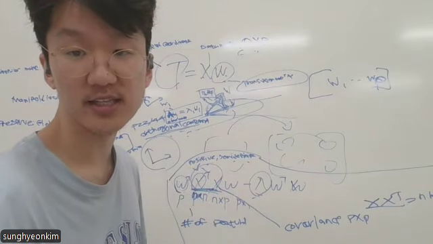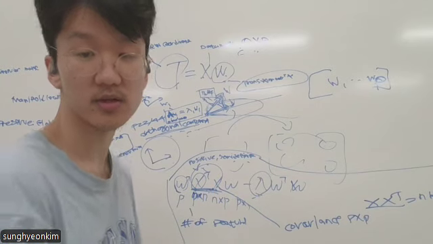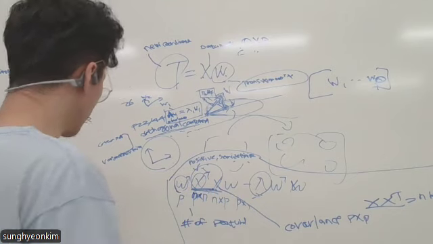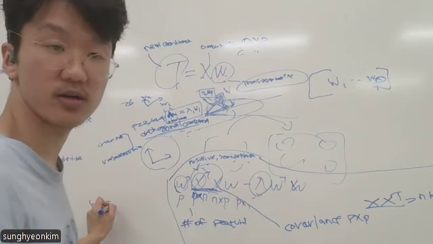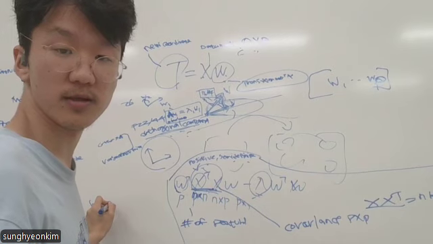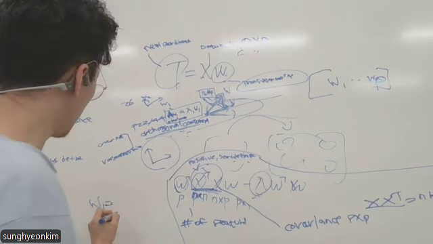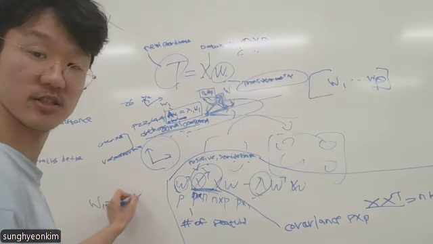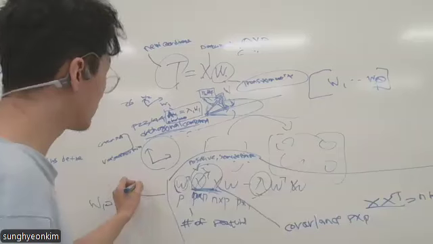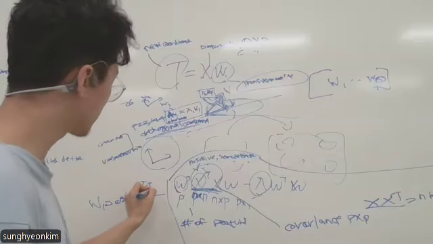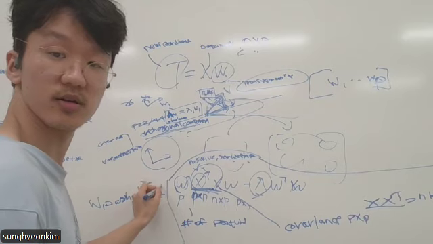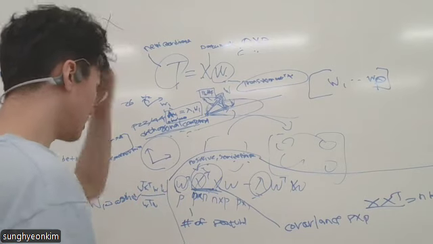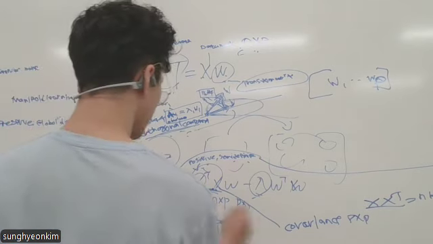So what we are doing is, we can get W1 by argmax W1 equals argmax of W transpose X transpose XW over W transpose W, which is actually what we are performing.